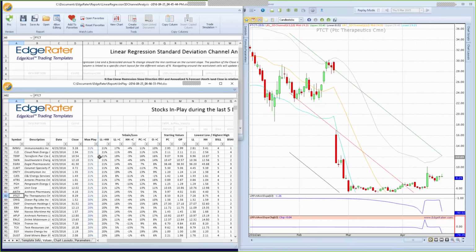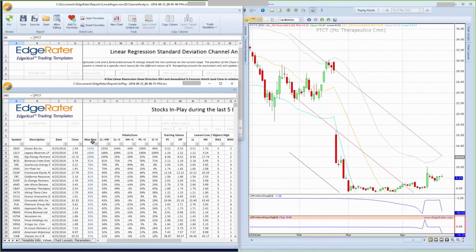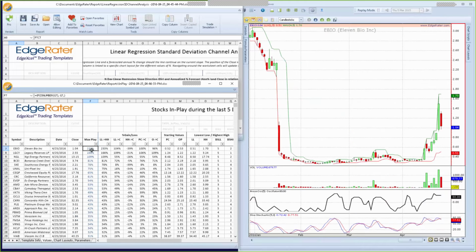So it can show you things that have seen some interest come in and have been forgotten about for a few bars, and you'll be able to pick them up on here. So it's always sorted when you run this by max play. And you can think of max play as really being the lowest low to the highest high over the period of time, in this case 5 days.